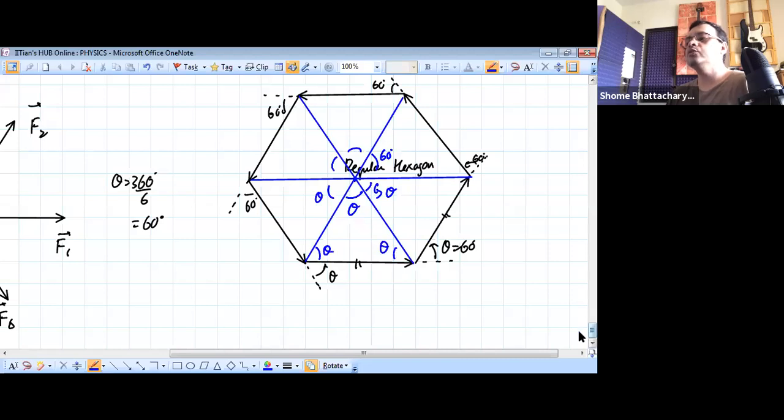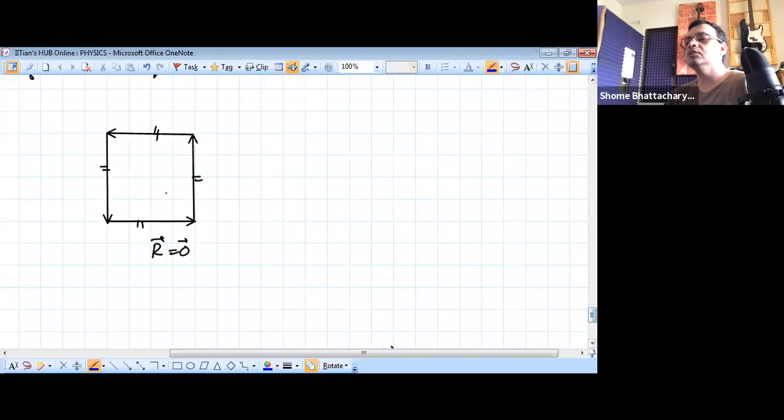But even if you go to the case of the square which we saw earlier, we can see that each of these angles subtended at the centroid are 90 and they are equal to this angle 90, this angle 90, angle 90.